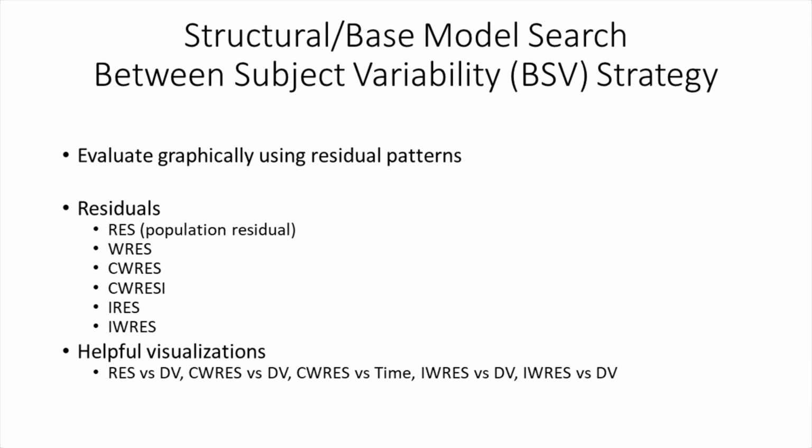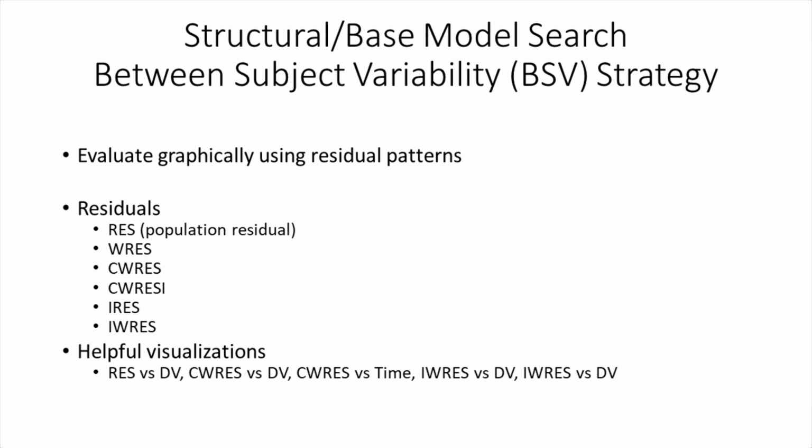The conditional weighted residual with interaction, which is appropriate for the first order conditional estimation with interaction option. The individual residual, which in the newer versions of NONMEM is now automatically calculated. In the older versions, one had to incorporate this into the error block.